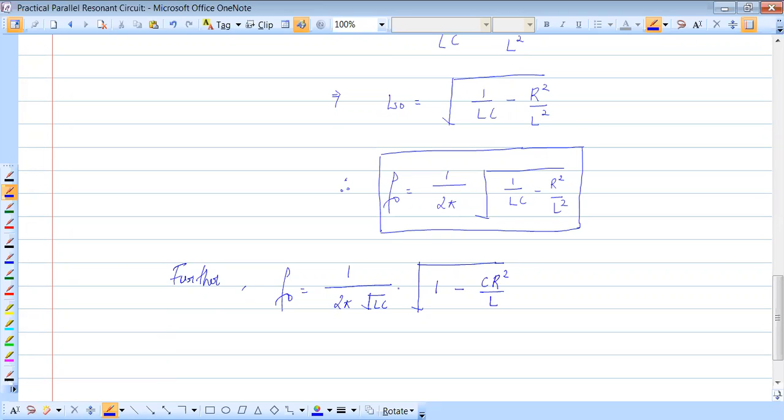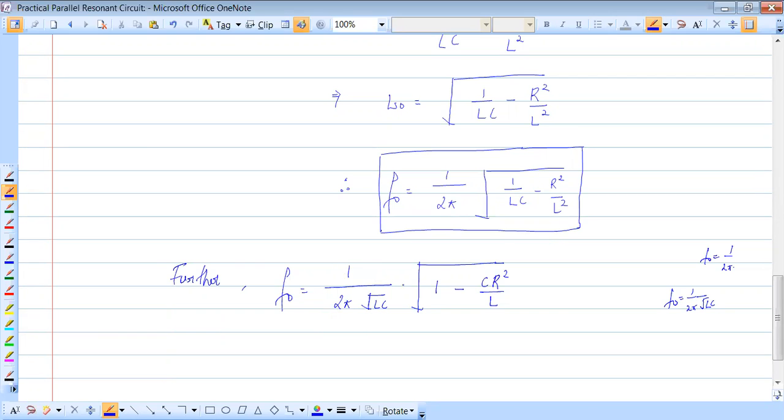Now earlier what used to be our F naught? Our F naught used to be F naught equal to 1 by 2 pi root LC. This is what it used to be. Now, for practical parallel resonance, it is not only this. Along with this, there is this term also. Earlier for series resonance or for theoretical parallel resonance, F naught is only this.